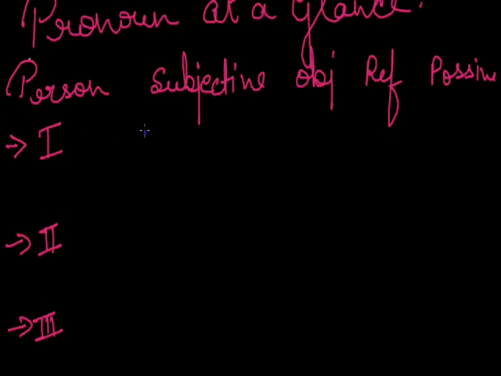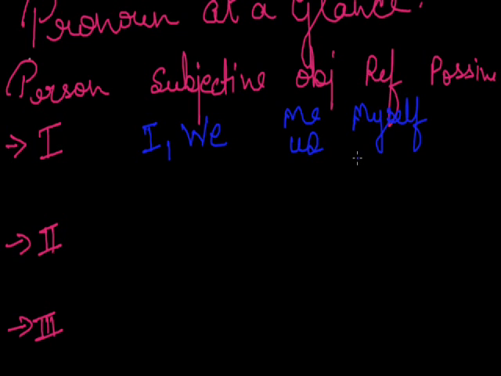For the first person, the subjective is I and we, and for the objective, me and us. For reflexive, myself or ourselves, and in possessive, my, our, and mine.